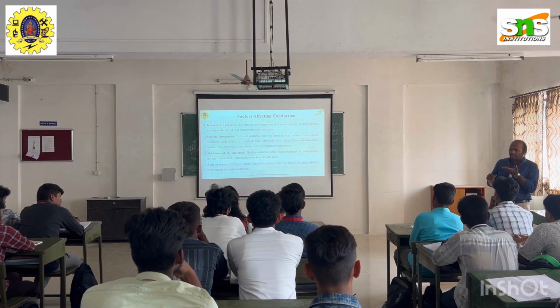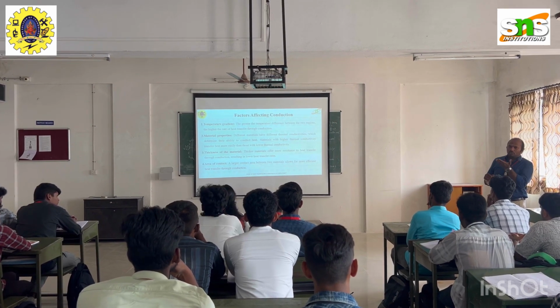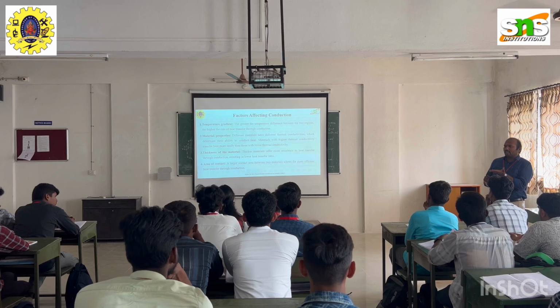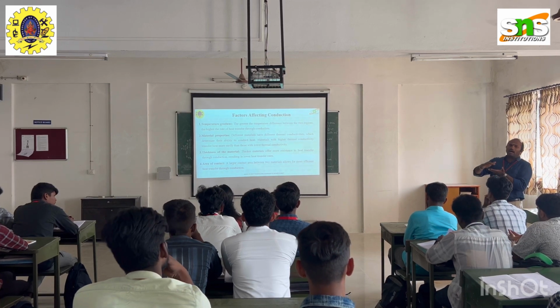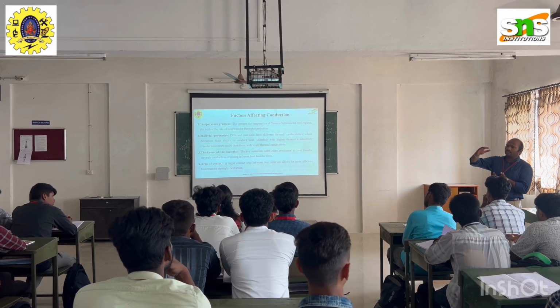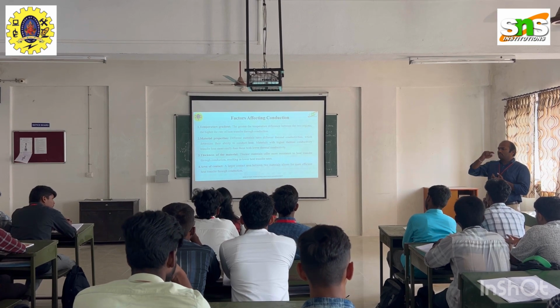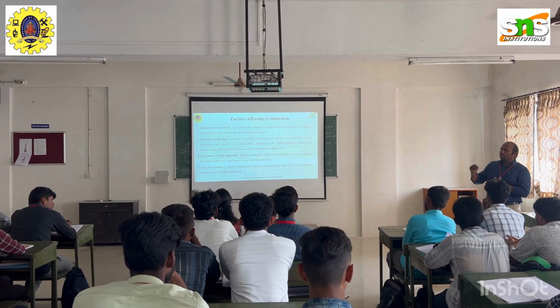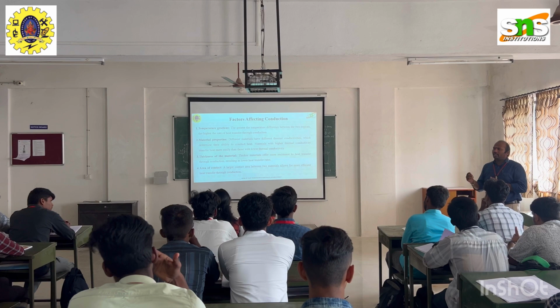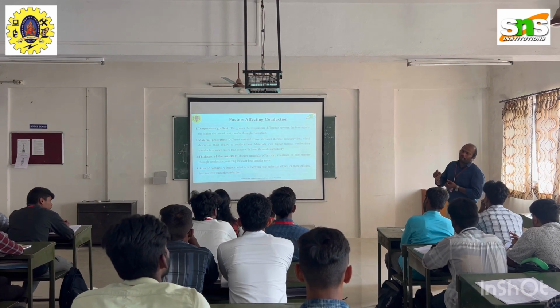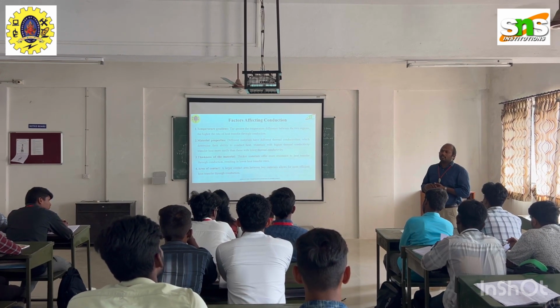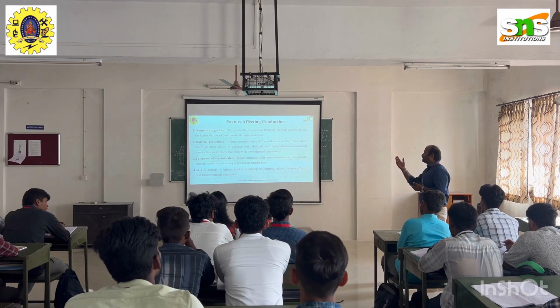The heat is transferred directly from the flame to the vessel, from the vessel to the first layer of water, then the second layer, third layer, fourth layer, and it goes on. Once you touch the water while it is boiling, the top layer of the liquid has a lower temperature when compared to the water vapor. That is the temperature gradient.